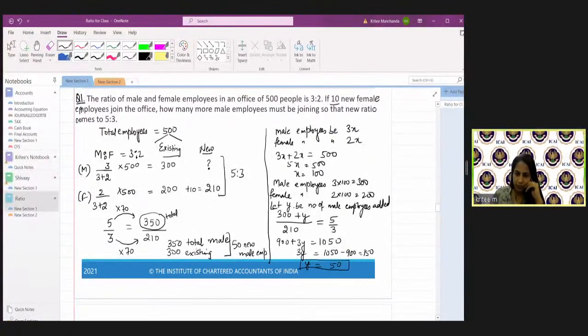Exactly, this is what we got from here. So these are just two examples. You can use any method that you understand, but you just have to ensure that the required ratio is met.